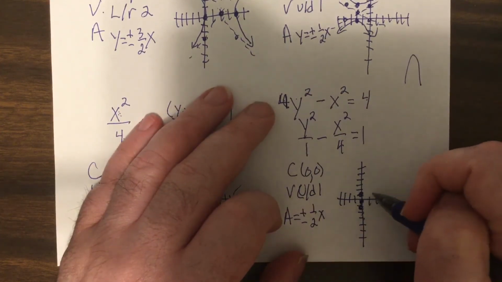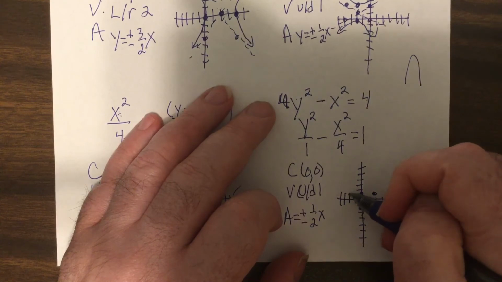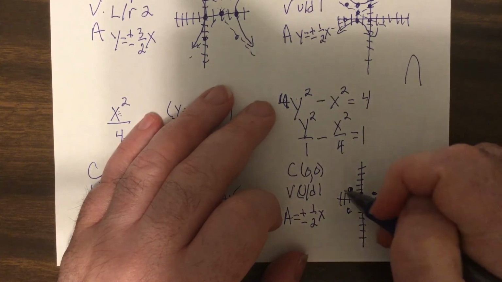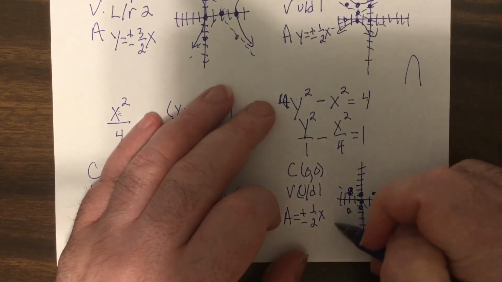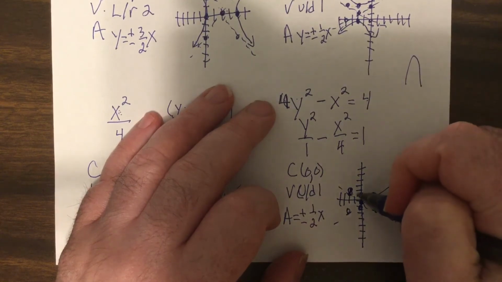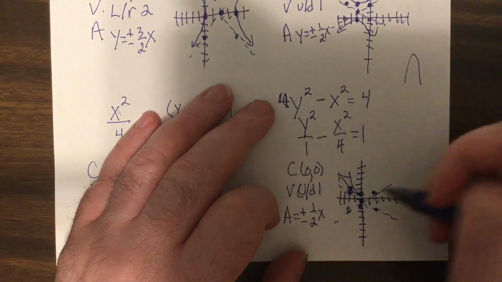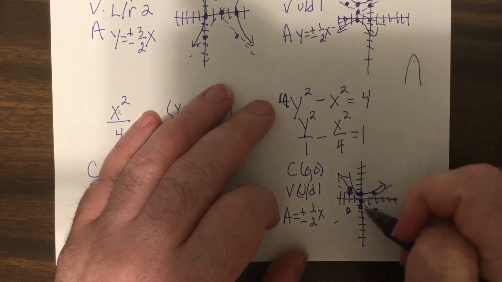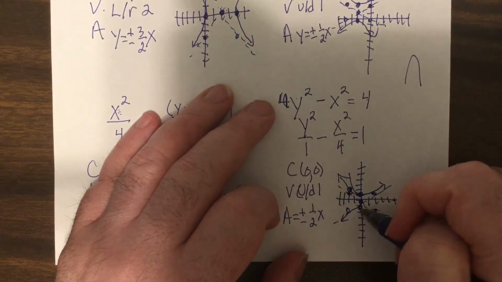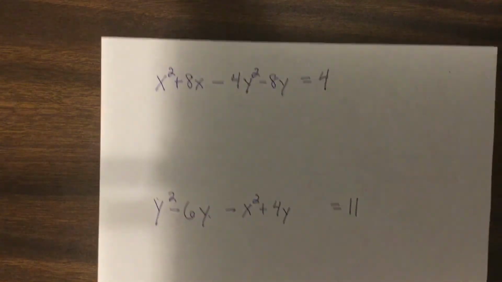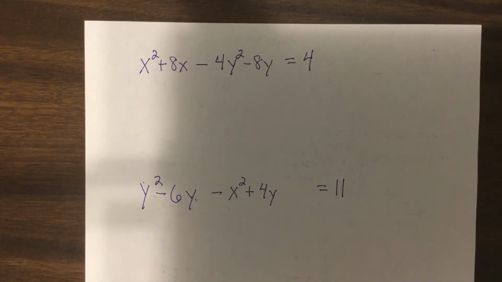Then up 1 over 2, down 1 over 2. Now again, you're not supposed to touch the axis of symmetry, but you're supposed to look like you're getting closer and closer.